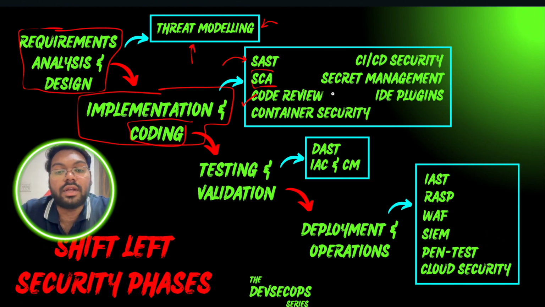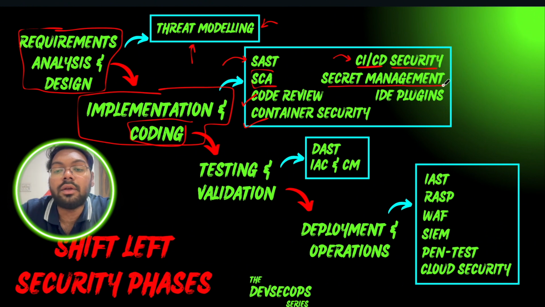Something like CrowdStrike would happen then, if you know what I mean by that. Next is container security. If the application is a containerized application, then we will look into it. Then CI/CD, continuous integration and continuous delivery or deployment modules, and securing those modules.